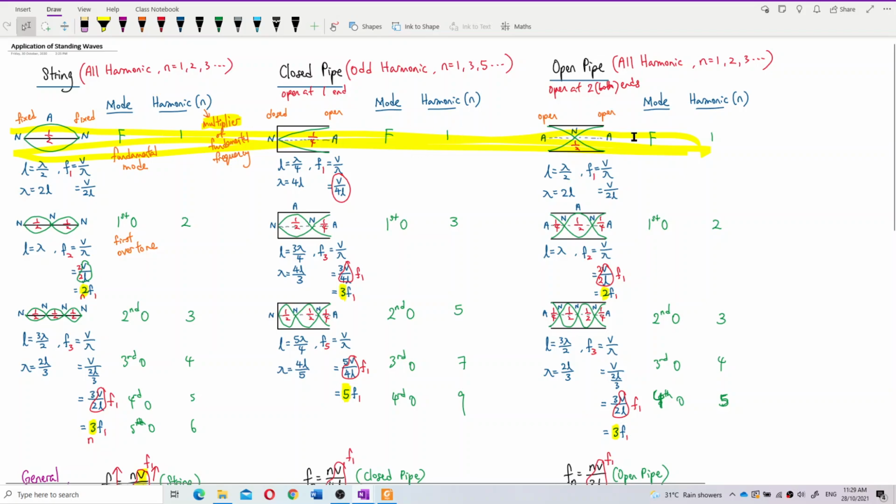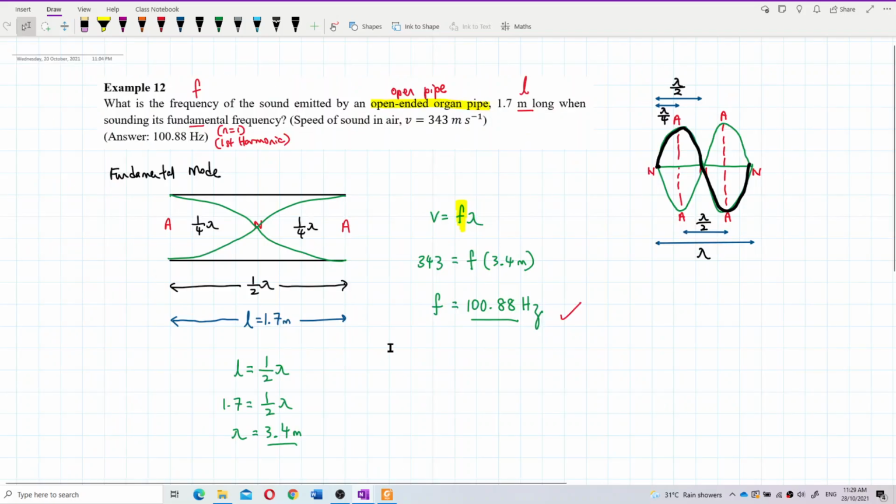You must remember the first drawing. From the first drawing, you can derive the following modes. You can derive the second harmonic, you can derive the third harmonic. So the important thing is still the first drawing. Once you know it, you can derive the following drawings. Okay, so that's all for this question. Thank you. Bye.